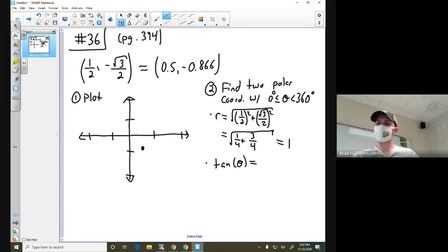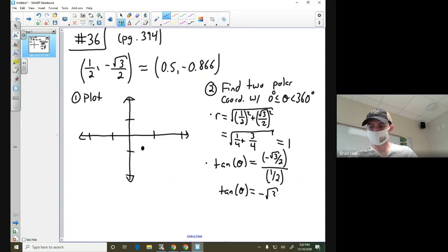Tangent of theta is equal to y over x. Y is negative square root of 3 over 2 divided by x, which is 1/2. So be careful with this, because that's saying that this is negative square root of 3, because the 2's cancel.